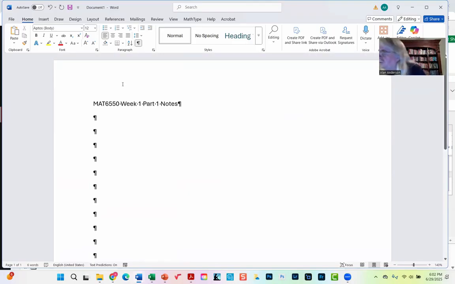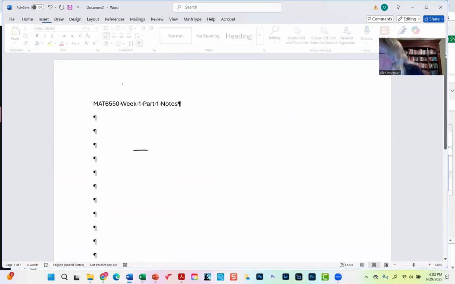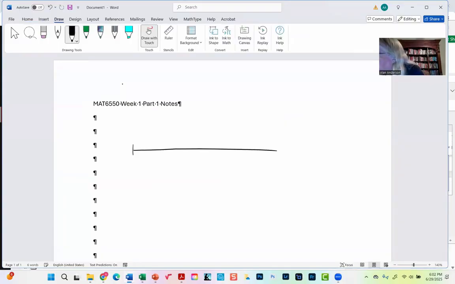So, for example, let's say, and by the way, on this timeline, it doesn't really matter whether it's the top or the bottom. I usually put the time on the bottom.